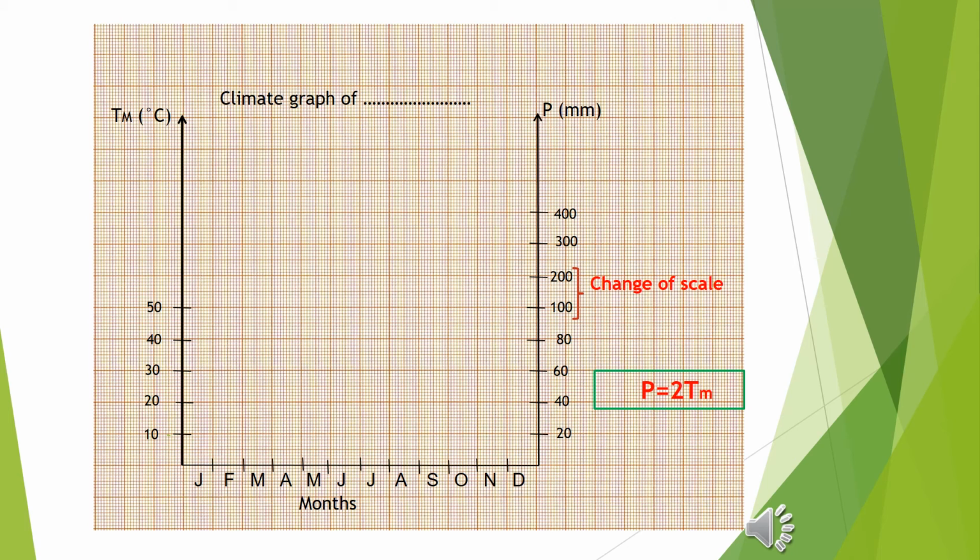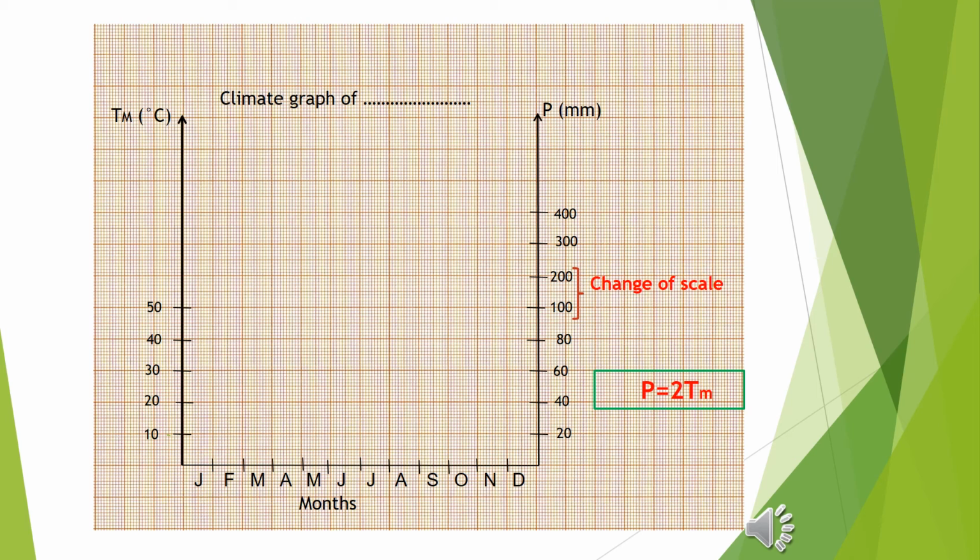But if you have a look at this graduation, you see that there is a trick. There is a change of scale. So from 100 millimeters of precipitation, you have to go directly to 200 millimeters of precipitation, and then 300 millimeters, 400 millimeters of precipitation. So why do we have this change of scale?